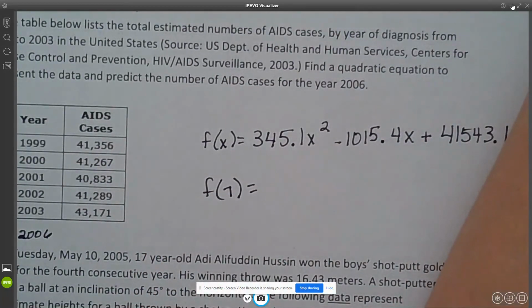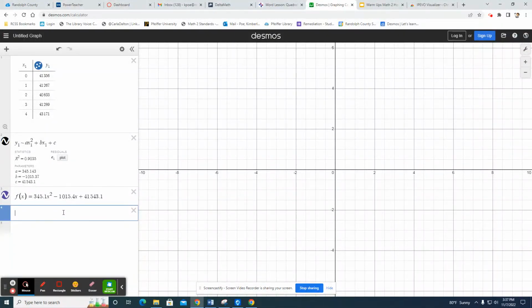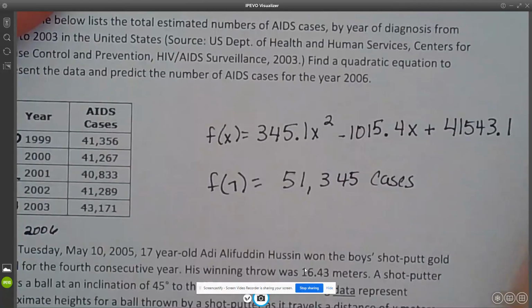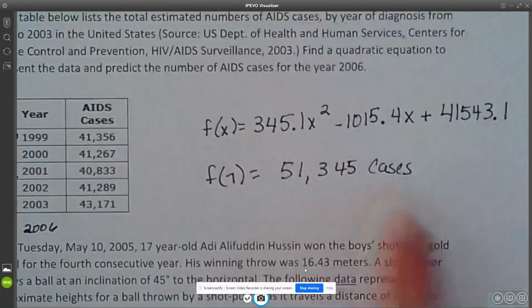So let's go back. We've got all that keyed in, and we're going to put in f of 7. Since we're talking about number of AIDS cases, we're going to round this to the nearest whole case. So it's going to be 51,345 cases. That's what it'll look like on your paper when you fill it in.